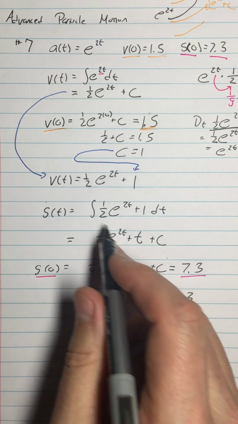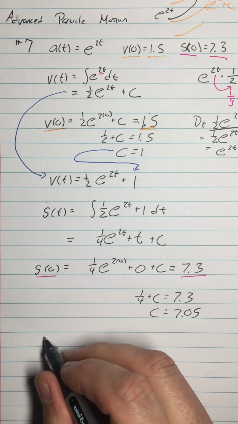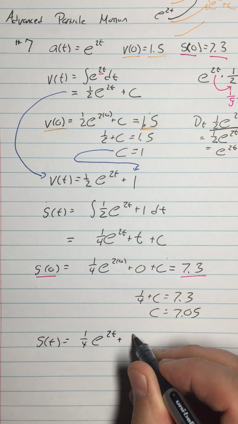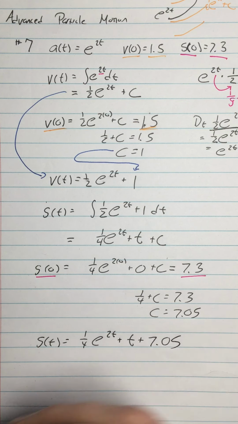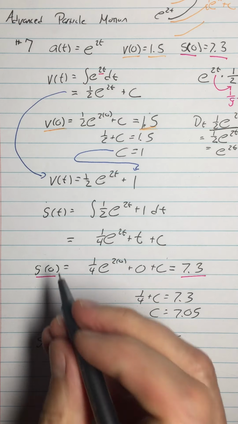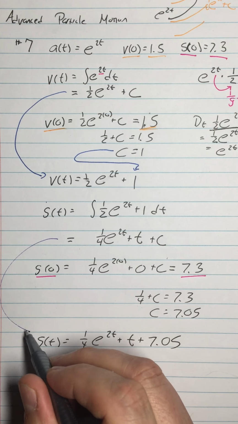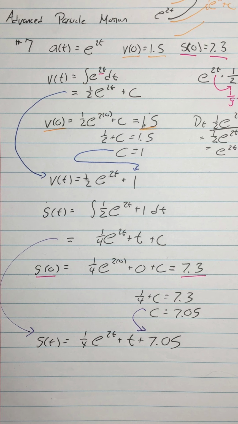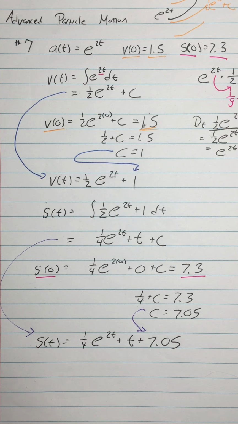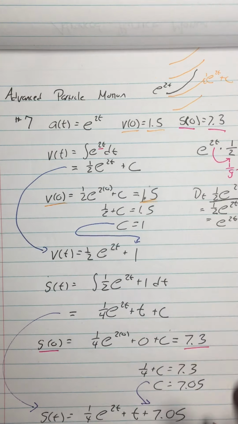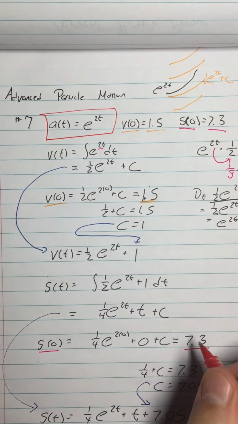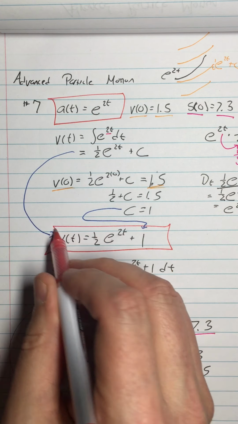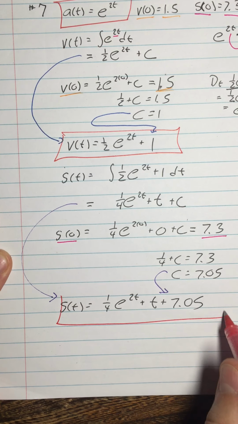Then I just put that into my s of t that I had up here. So s of t is equal to 1/4 e to the 2t plus t plus 7.05. That's what I get by combining my s of t with the c that I just calculated. Now I have fully answered the question because I have a of t, which was given, v of t right there, and s of t right there.